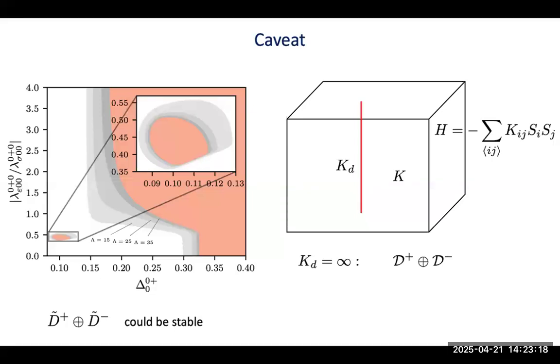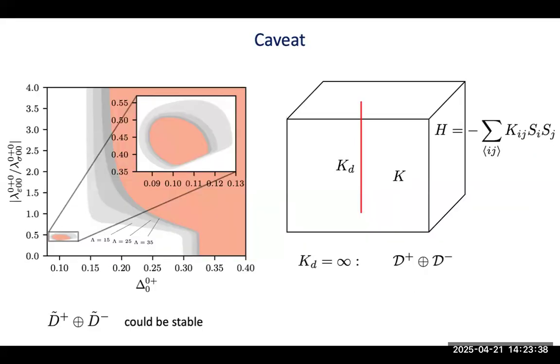Then in principle it could still be stable. So we do not rule out long-range order on any line defect in the Ising model. But I think for this one, where we just have a simple coupling KD that grows, we do rule it out.